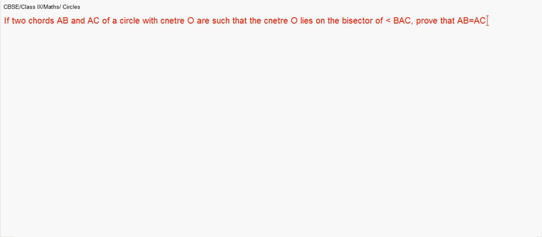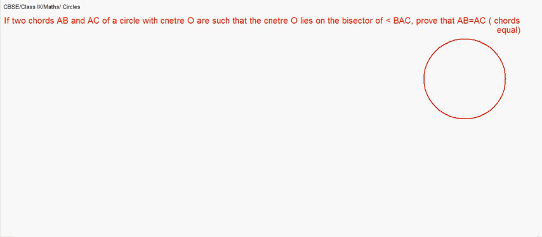That means we have to prove that the chords are equal. So here in the bracket I can write the chords equal. Oh, it didn't fit in there. I can write it here below. It says the chords are equal. So I draw a figure.